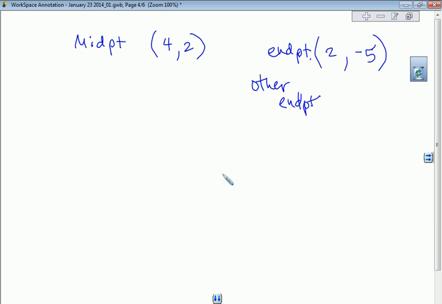Okay, 2 ways we can do it. This is the way I taught it in SAT class. Even though they're not on a nice little x-axis like this, I would say, all right, the midpoint is the point 4, 2. That gave me 1 point is 2, -5. So the other point's going to be equidistant on the other side of this midpoint.